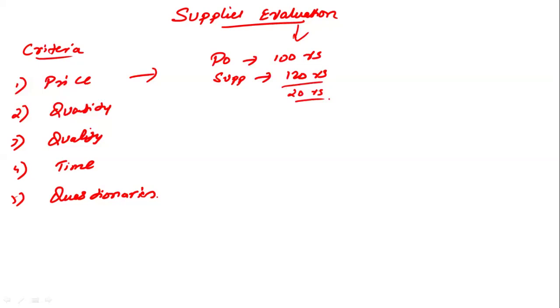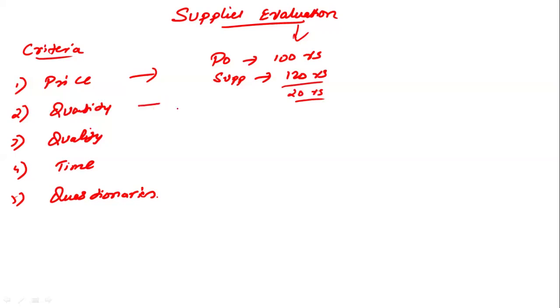If the market price has increased, then he should let us know so we can revise the PO and send it for 120 and he can send the invoice for 120. But the supplier has not informed us the material price has increased. The PO price is still 100 and he's sending us an invoice of 120 rupees. In that case, that is a supplier evaluation issue.